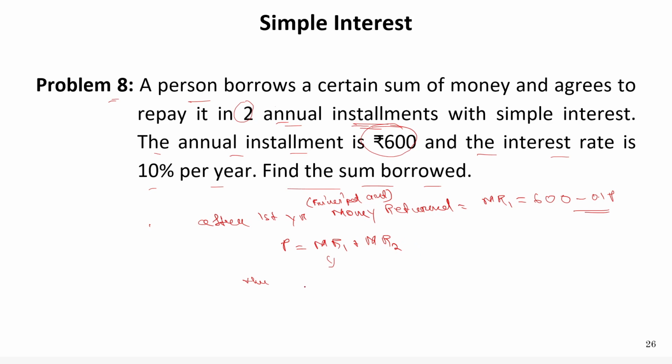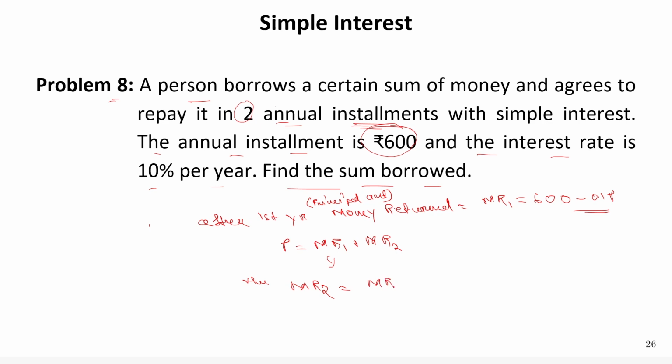So MR2. So how much will be MR2? So MR2 is equal to P minus MR1. So this much into 0.1, right?